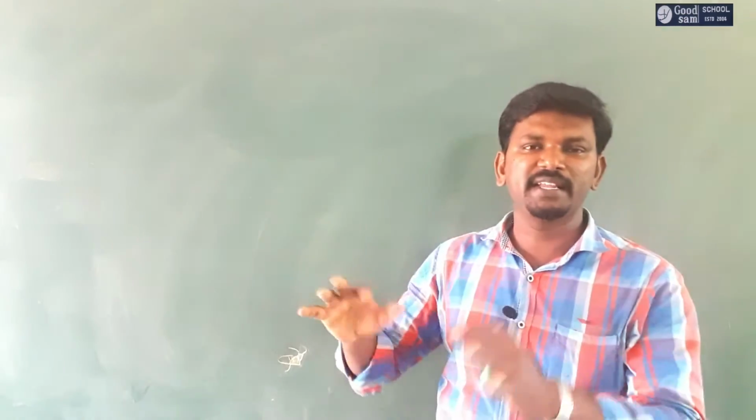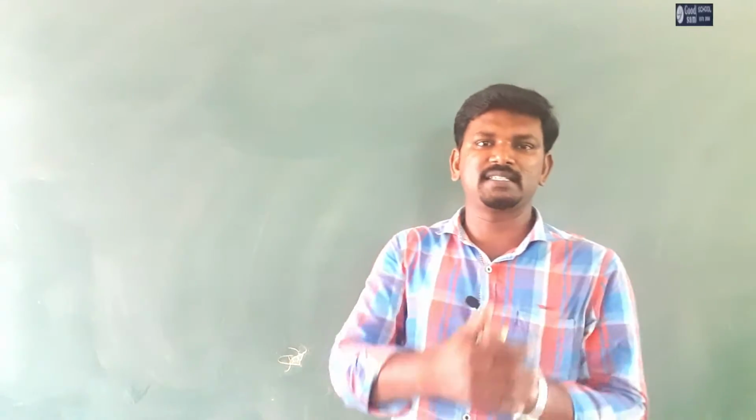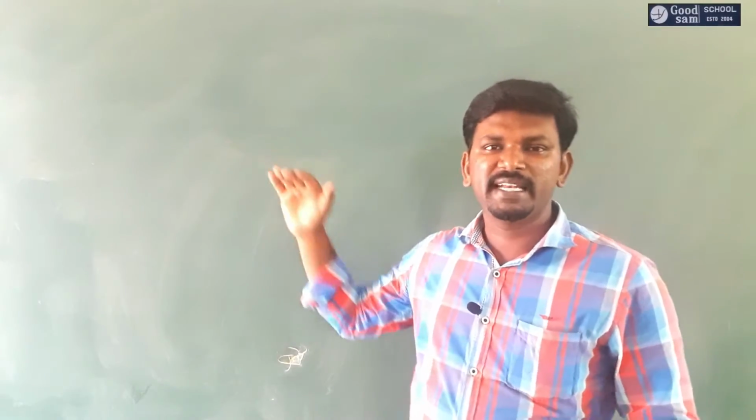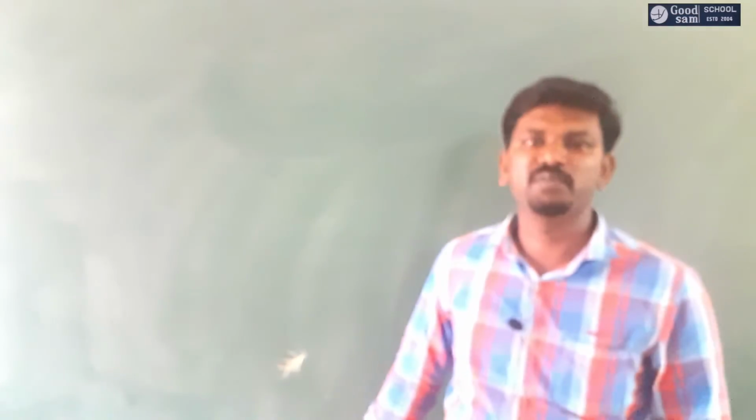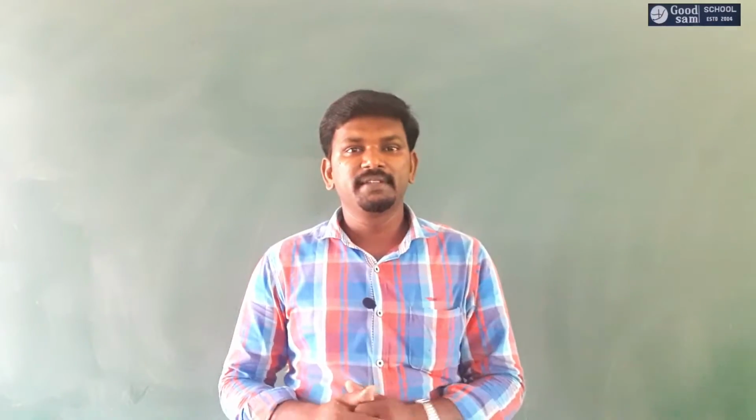Proof is the entire answer of the theorem. So proof is the process from the given data to the final result of the theorem, what we have to prove. Okay. So in this basic proportionality theorem, first you have to write the statement.